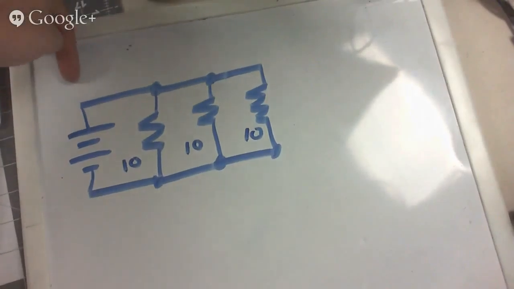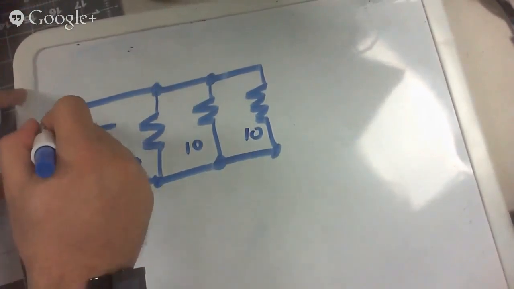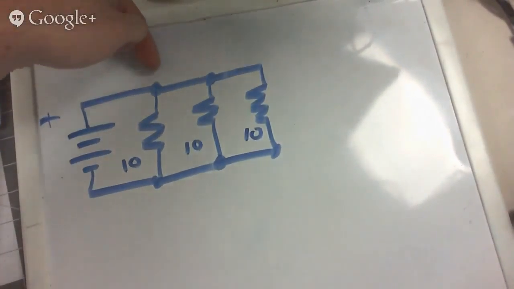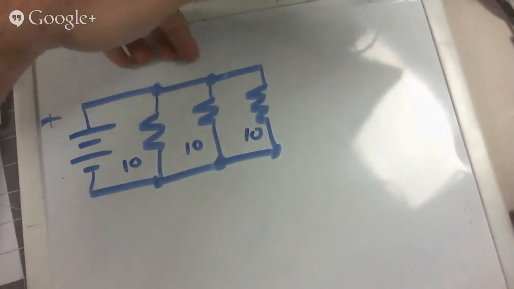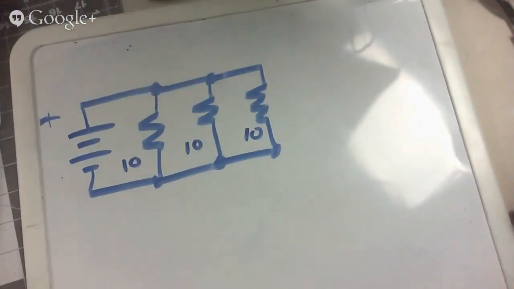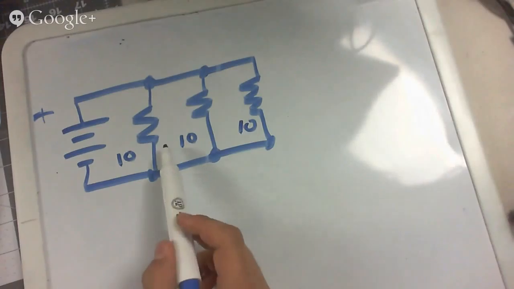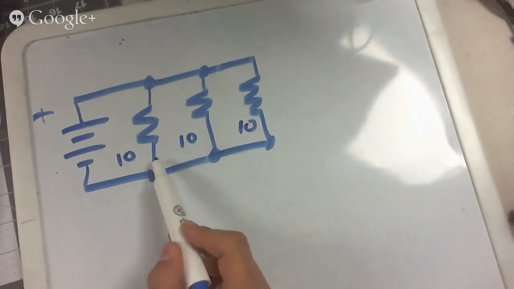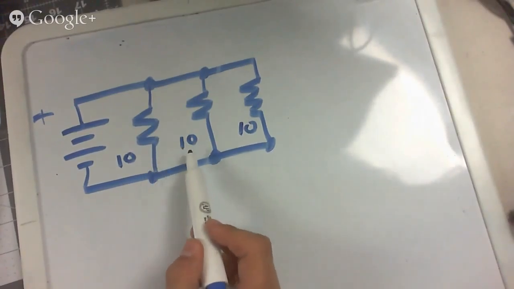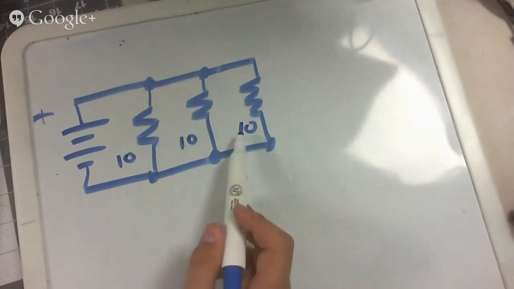Each one of them will see the same voltage on top, pressing down, using that water analogy. And because they're the same resistor value, they'll see the same current.